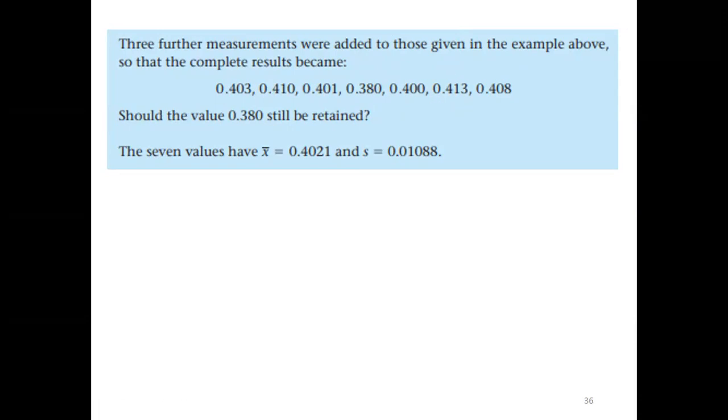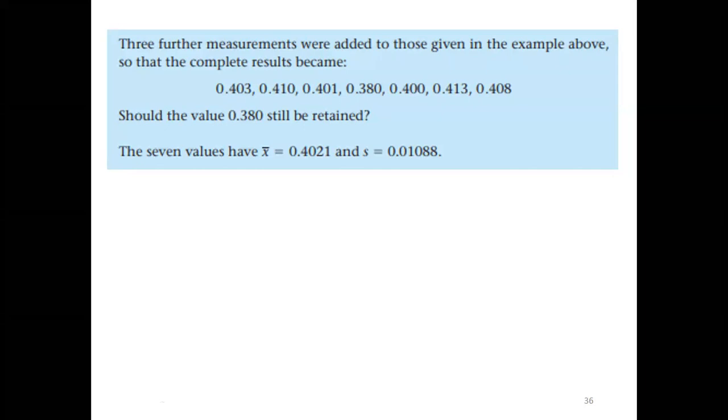There are 7 measurements now. Now should the value of 0.38 still be retained? The number of measurements has increased, and those new values are also closer to 0.4, and they ask if we should still retain this 0.38.